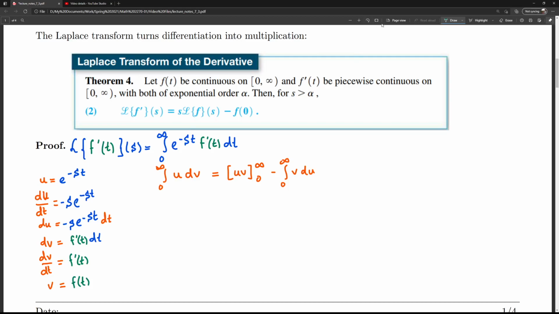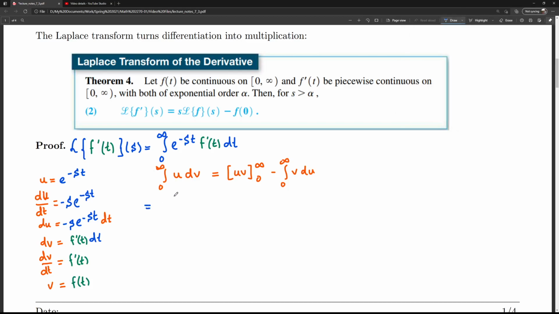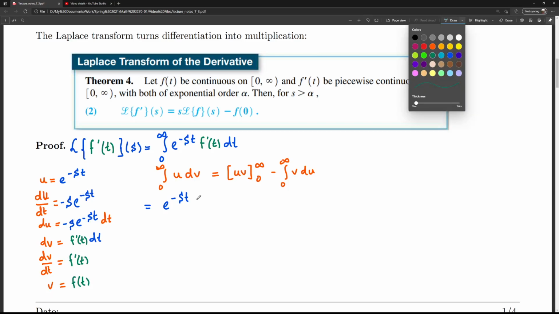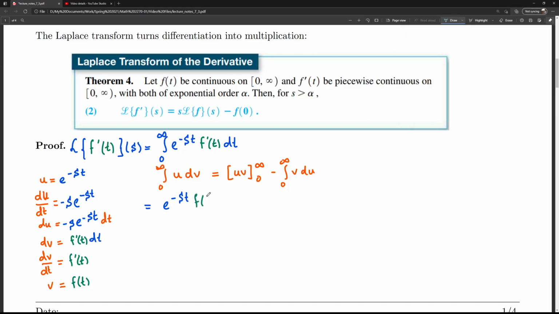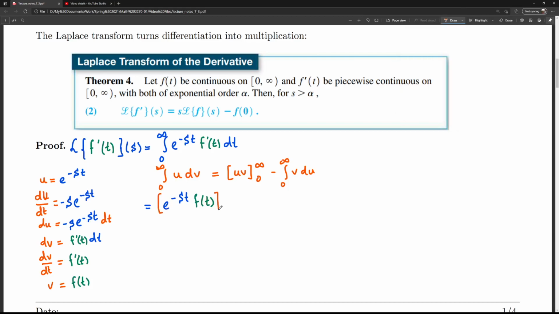So on the next line, what I get is u times v, and u is e to the power negative st, and then v is f of t, and then I'm evaluating that at 0 and infinity.